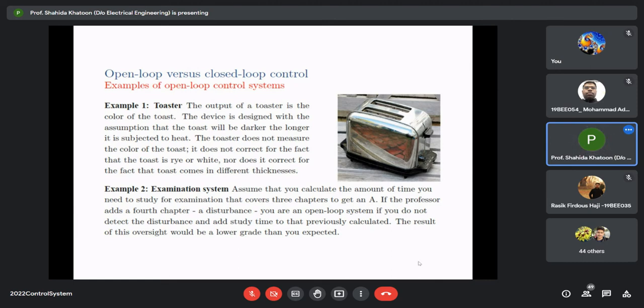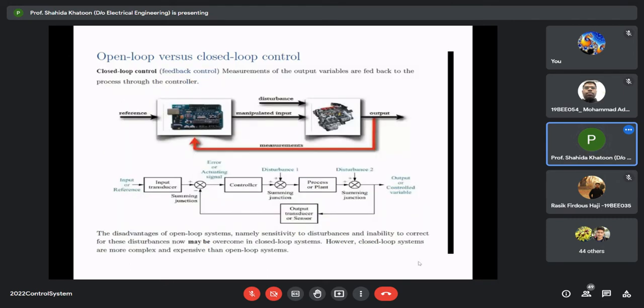Okay. Now, closed loop control systems: the measurement of the output variable is fed back to the process through the controller. So this is the very important link, that the output is measured and fed back to the input. Okay.